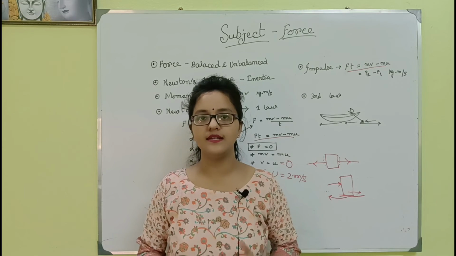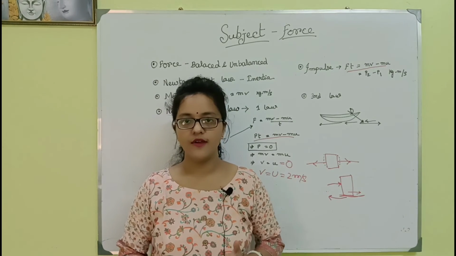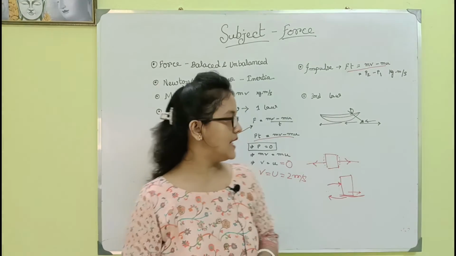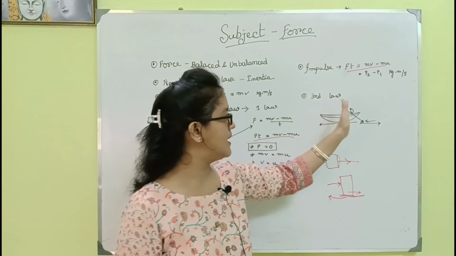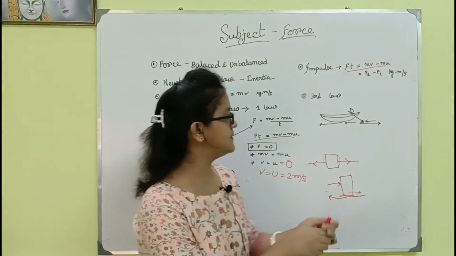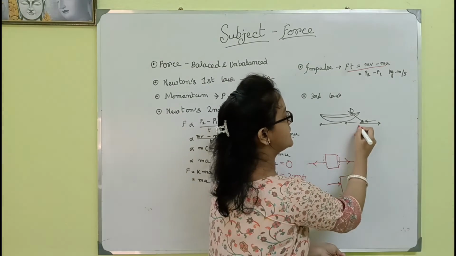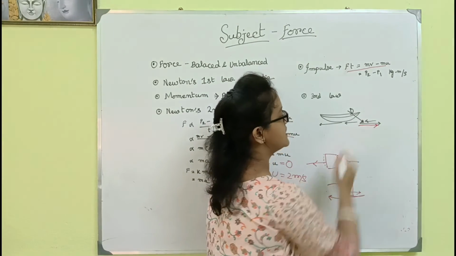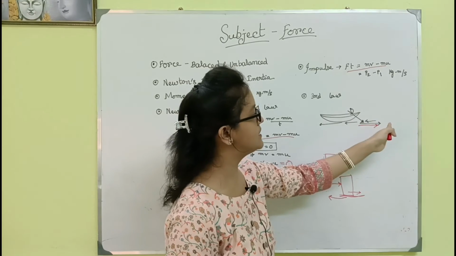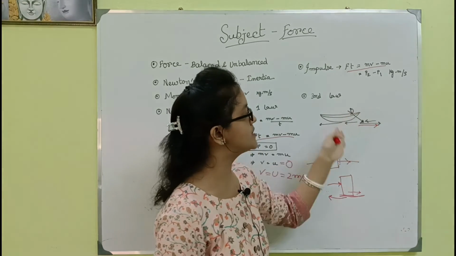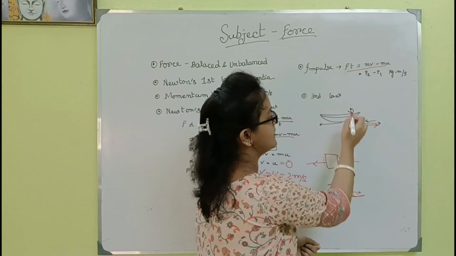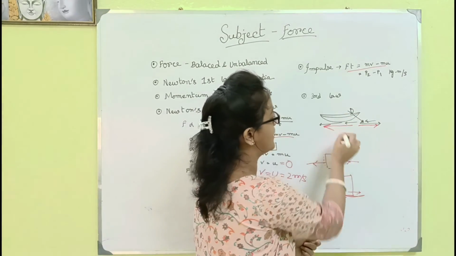For example, the propulsion of a boat in the forward direction: the person pushes the water with an oar in the backward direction, and the water rebounds the same amount of force in the opposite direction to the oar. That's why the boat can move forward.